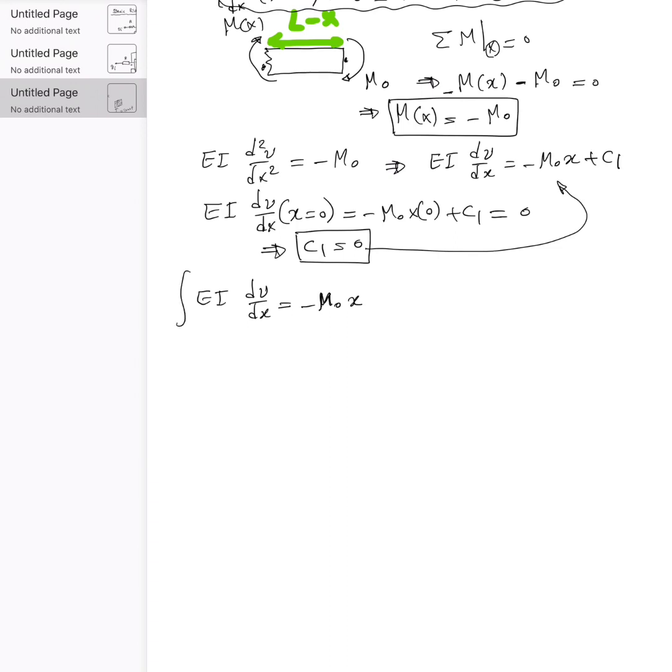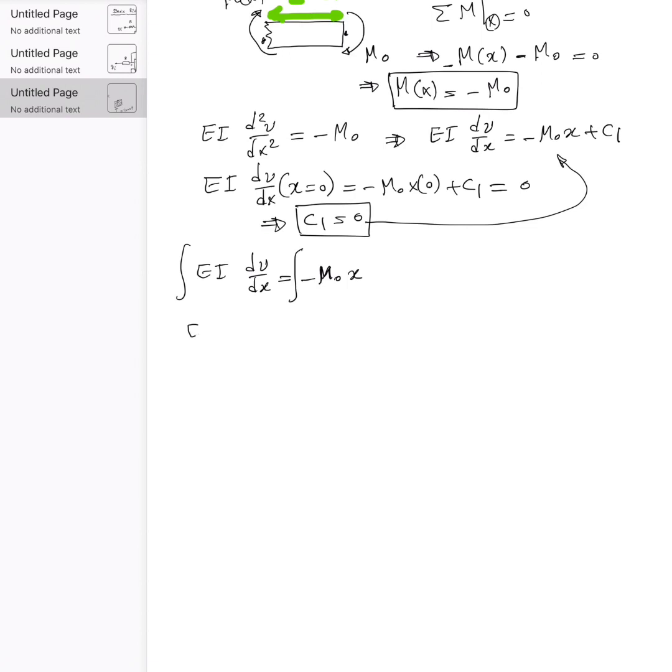So if you integrate both sides one more time, you get EI v, which means v of x, because this is also a function of x, but for simplicity I just don't write it to make it shorter, is equal to negative M0 x squared over 2 plus C2. Now if you take the derivative of both sides, you get the equation above, right? EI dv/dx is equal to negative M0 x plus 0.